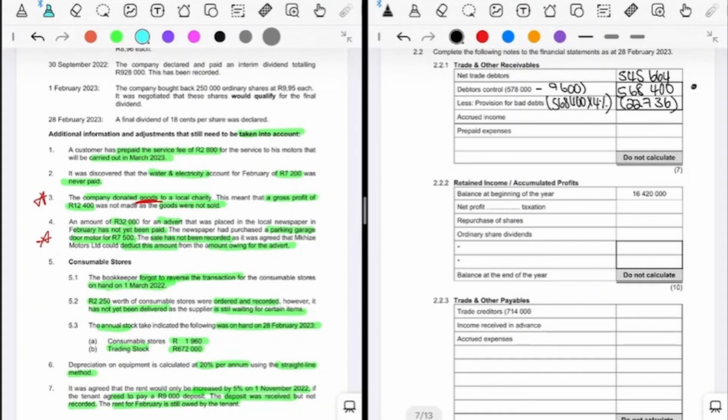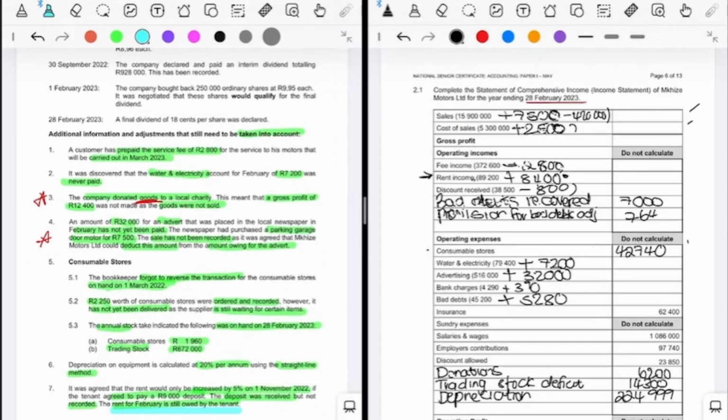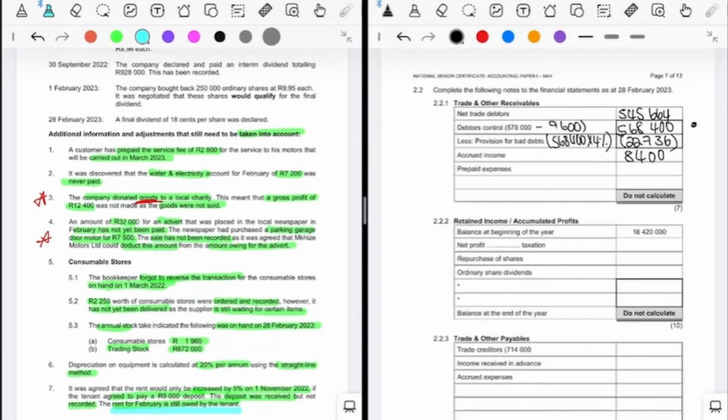Okay, if we go to number 7, they say the rent for February is still owed by the tenant, meaning the tenant still owes us that money. So that money, we had calculated that rent income to be 8,400. So that's how much they still owe us. So that's our accrued income. The tenant hadn't paid us for that month.